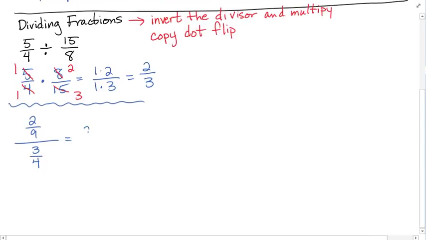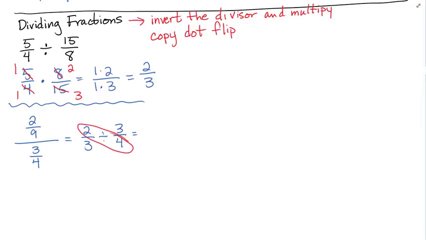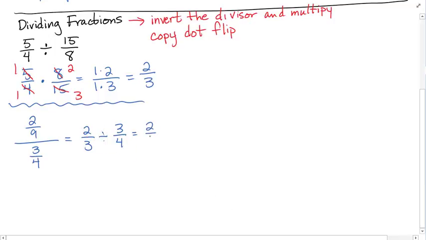You just have to remember that's 2/9 divided by 3/4. And of course, if we cross cancel here, well, we can't cross cancel yet. We got to copy dot flip. So copy dot flip. And now we're ready to cross cancel if possible.